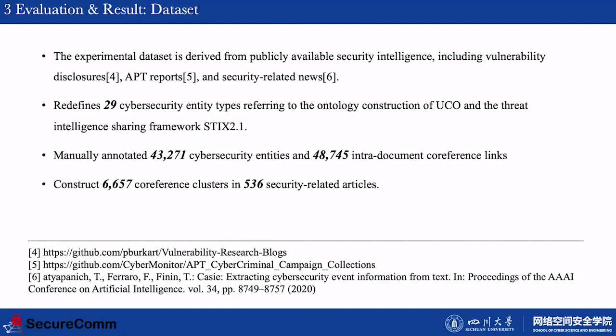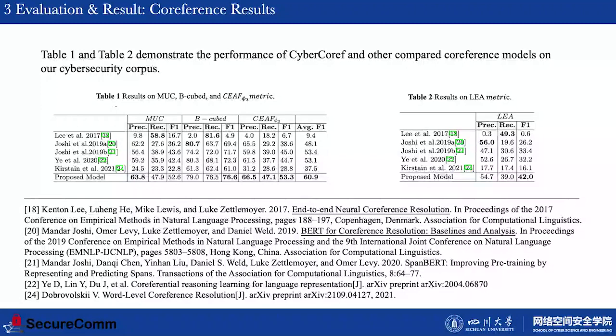We redefined 29 cybersecurity entity types, and we manually annotated more than 40,000 cybersecurity entities and nearly 50,000 intra-document coreference links, with which we constructed more than 6,000 coreference clusters in 536 security-related articles. I will skip the evaluation setup part, which is introduced carefully in our paper.